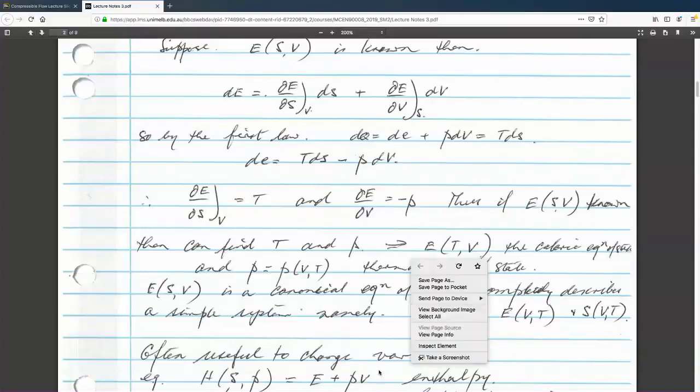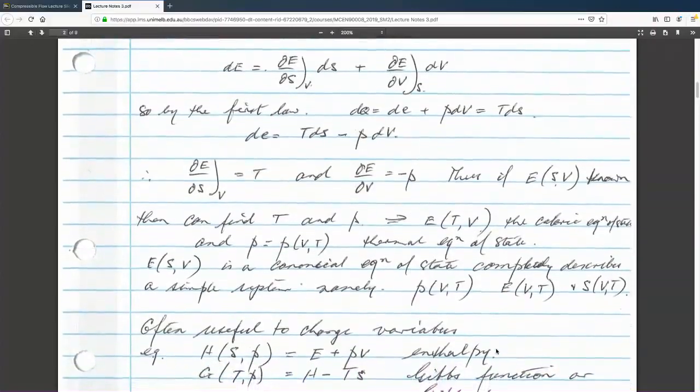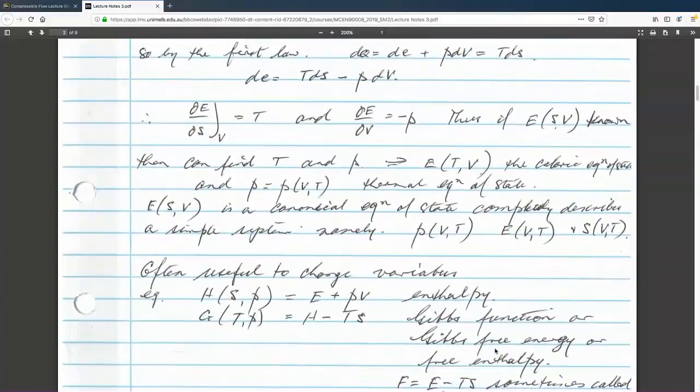Now, something that we're going to use a lot is the enthalpy, and I'll explain to you why, but let's introduce it first. The enthalpy is another composite function, like the one that I've just described, the internal energy, E of S and V. Suppose we could construct H of S and P. Now that H of S and P will be familiar to you because it's often charted as a Mollier diagram.